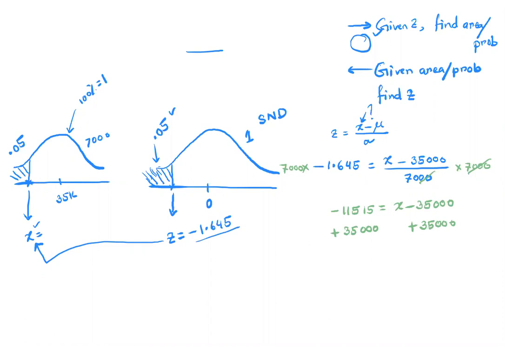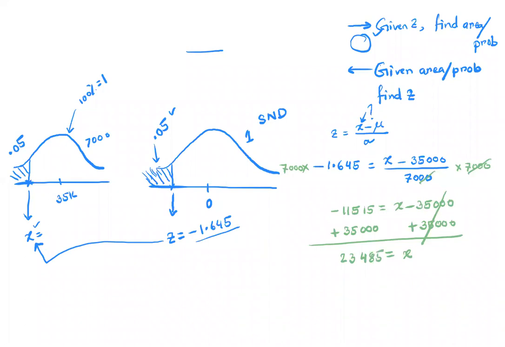On the right, positive and negative cancel out, leaving me with x. And on the left is going to be negative 11,515 plus 35,000. That is going to give me 23,485.